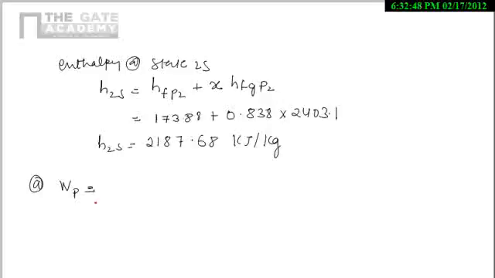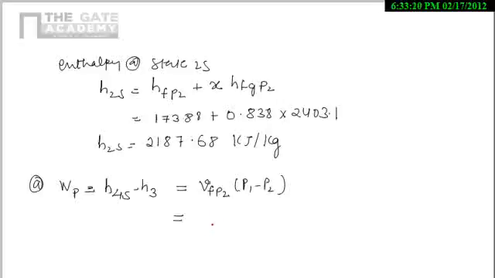We are dealing with the ideal process in part A. So the enthalpy difference from 4s to 3 gives the work done, and with the help of v dp also we can calculate the work done. For v dp, it is the specific volume of fluid at pressure P2 and the pressure difference P1 minus P2. We can easily calculate Wp.